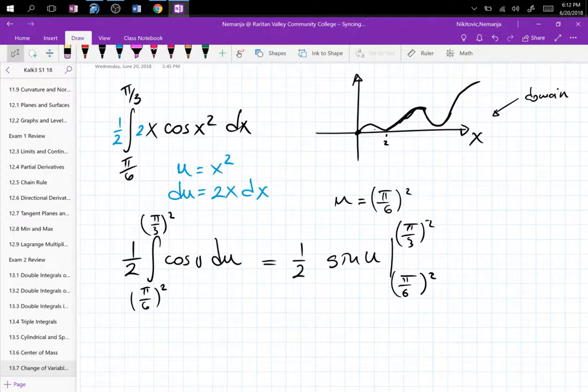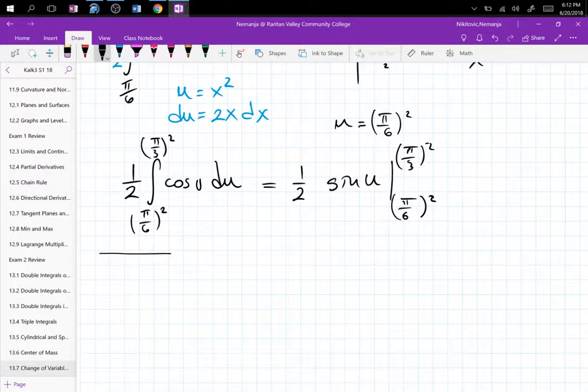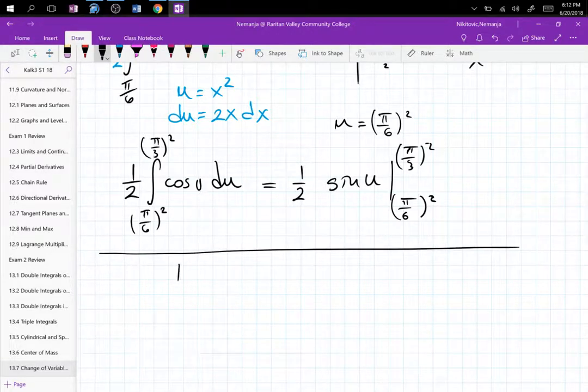Then you have to transform the integral. Then you have to transform the differential. And then finally, you can do the problem. So this is going to have like 4 components. And 2 of those components you haven't seen before. So let's go. First, we are going to learn how to transform a region.